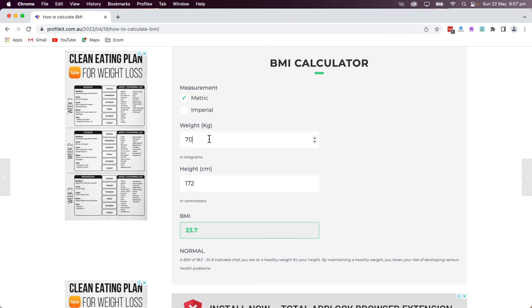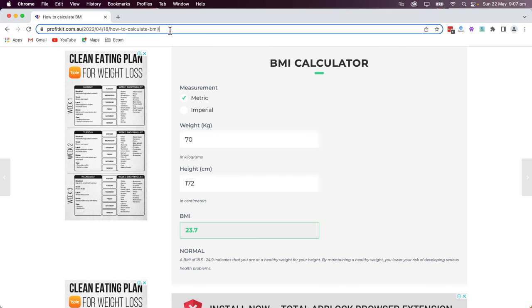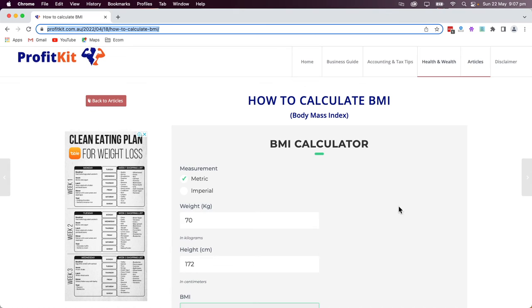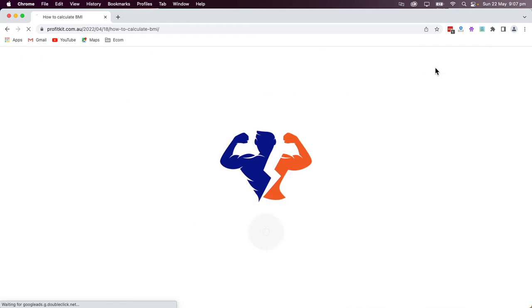I've put the variables in advance, but on our calculator, you can head to our website, profitkit.com.au. You can get to this calculator by going to articles, health and wellbeing, how to calculate BMI, or you can go to health and wellbeing and then select the BMI calculator.